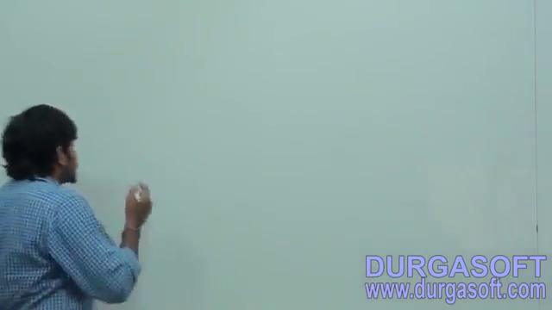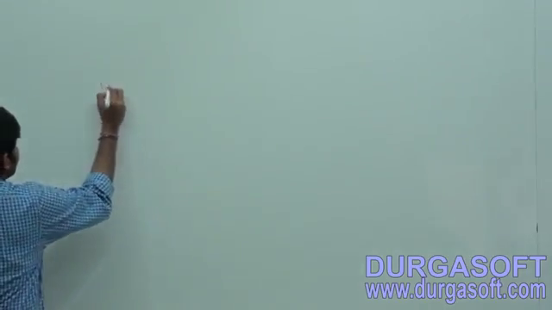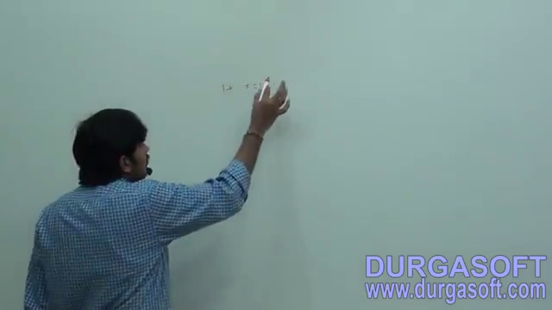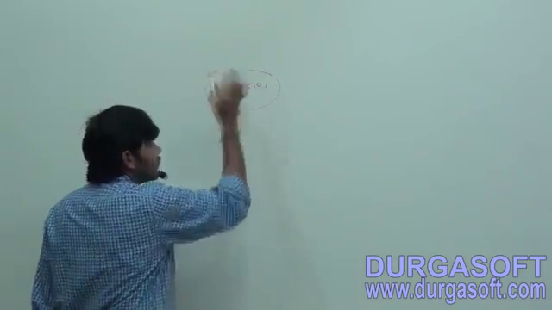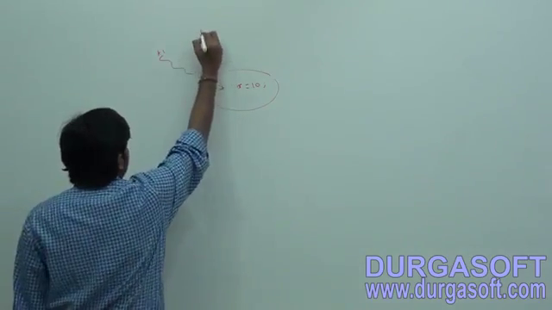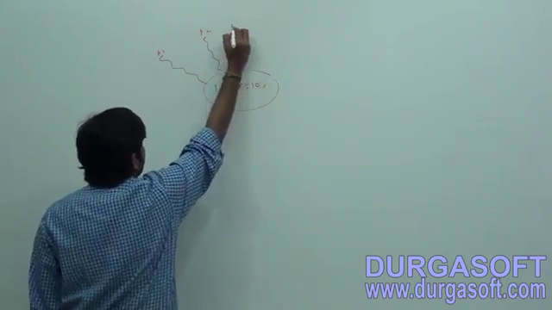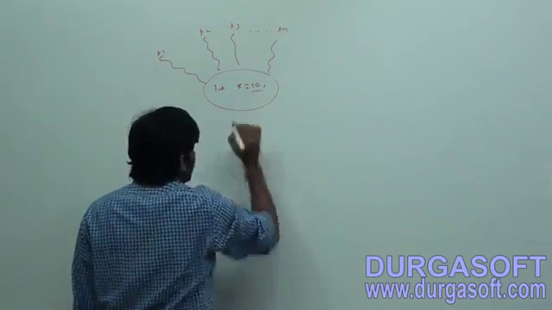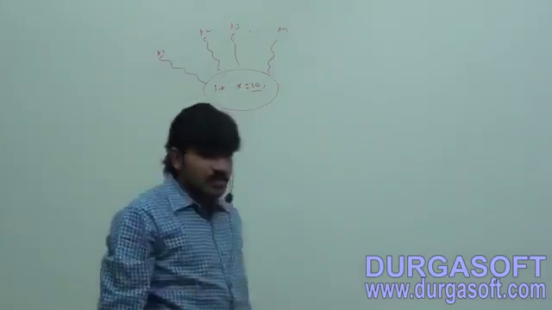Suppose assume I have one variable x. If this variable x is accessed by multiple threads, there may be a chance of an inconsistency problem.